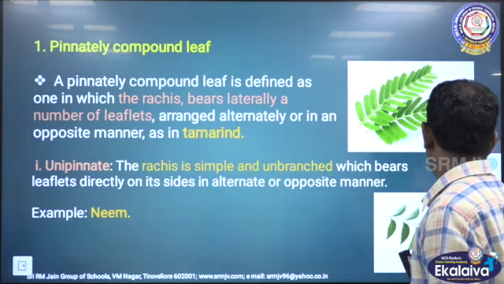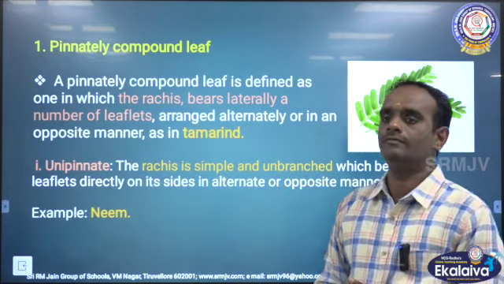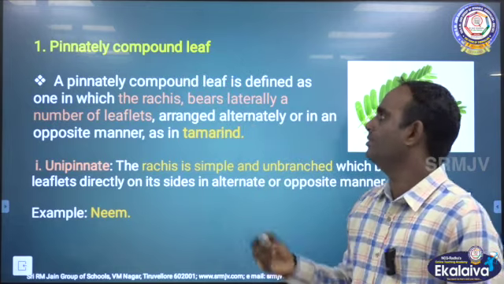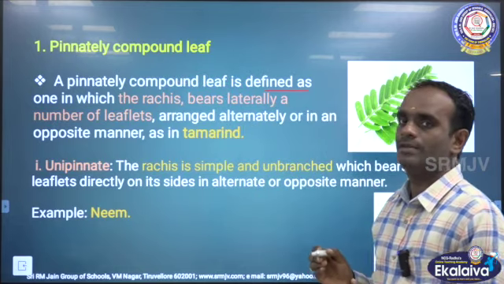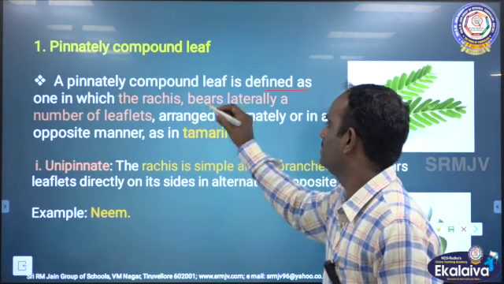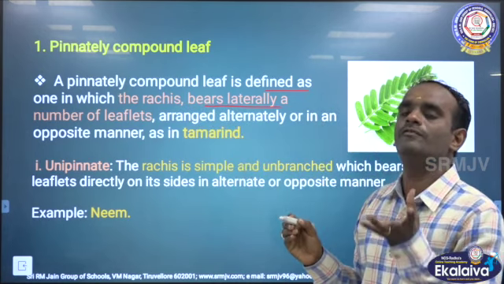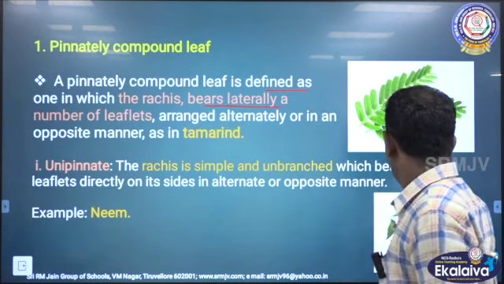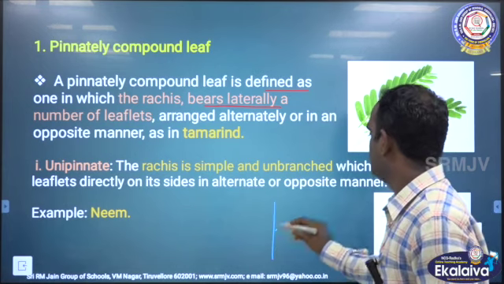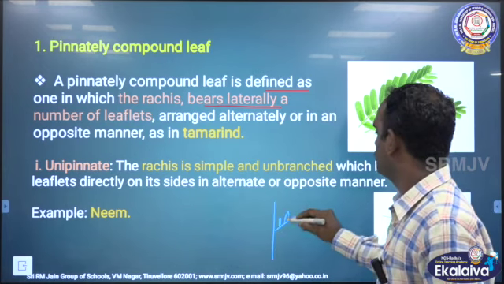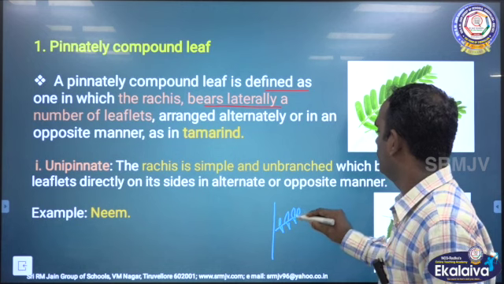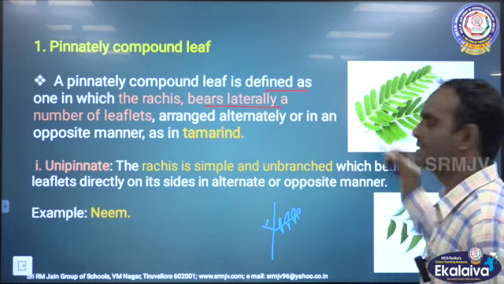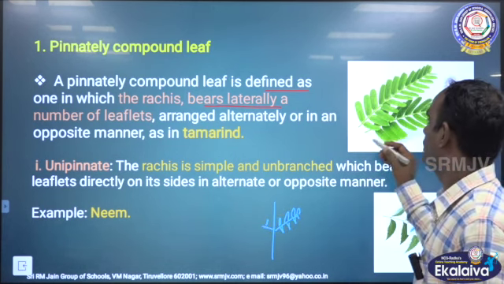First we will see the pinnately compound leaf. A pinnately compound leaf is defined as one in which the rachis bears laterally a number of leaflets. So see here, the rachis gives rise to a number of leaflets. See the picture of tamarind.